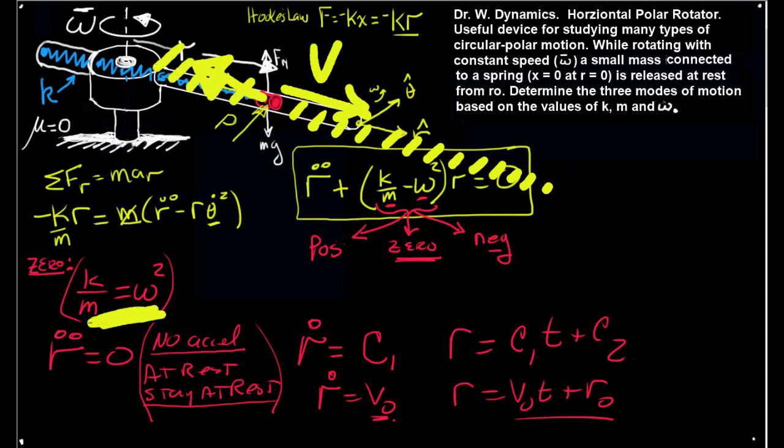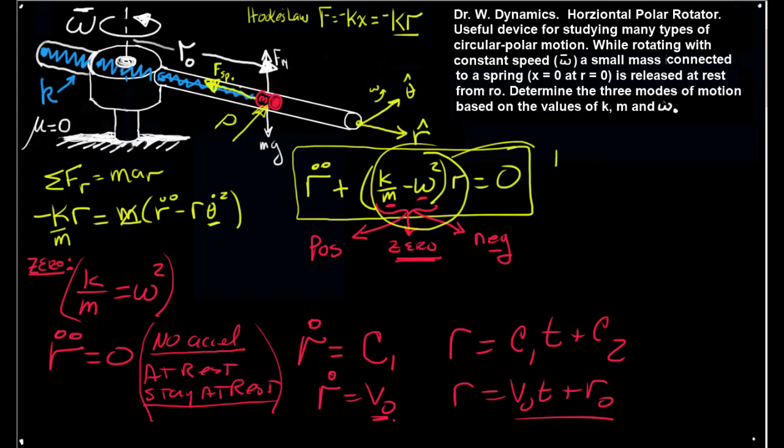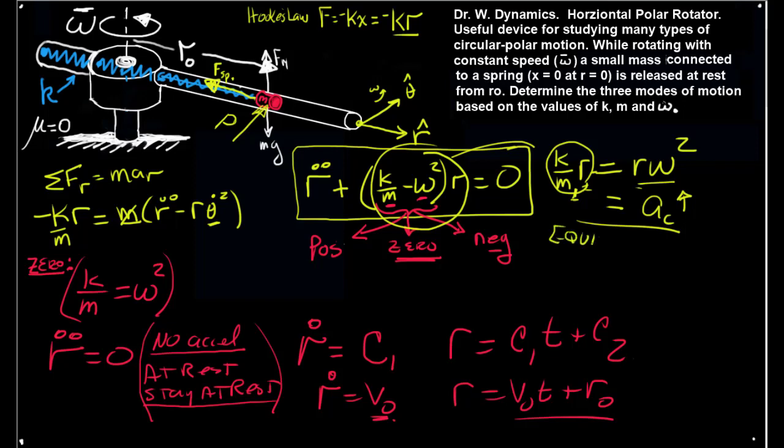It turns out for this case that k on m times r will equal r omega squared at all points r. So everywhere this mass moves, a_c is increasing, and the spring force divided by the mass is increasing at just the right value to keep these two totally in equilibrium at all points. So we have an equilibrium event, and it's constant motion.